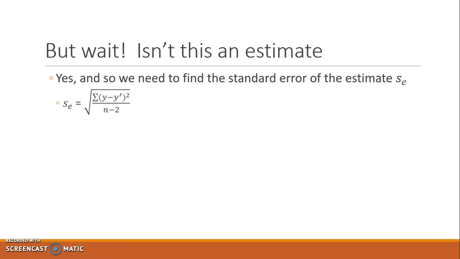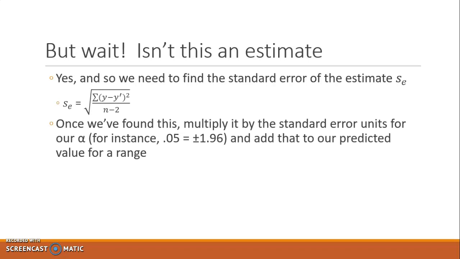So we need to take y minus y prime, find the difference, square it for all the points, for each point of y, and then it's divided by n minus 2, which is kind of annoying, but there you are.